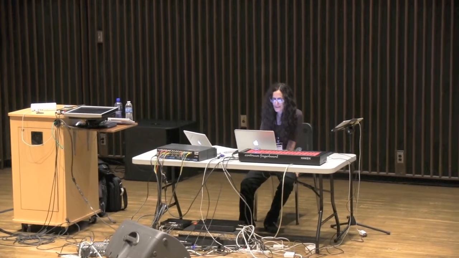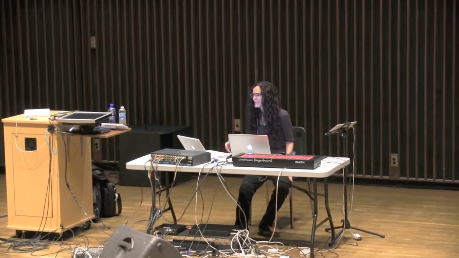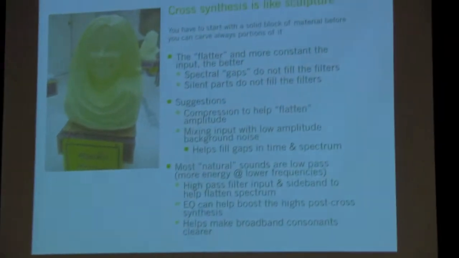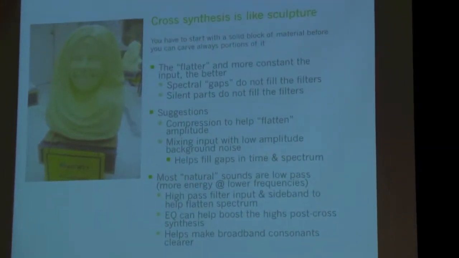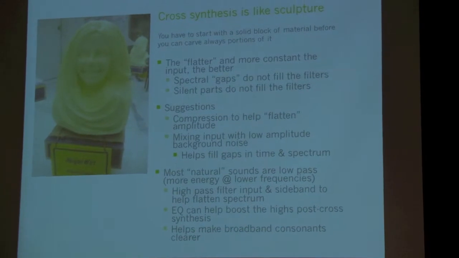And so just to give some rule of thumb or advice about cross synthesis, it can help to use a compressor to make the amplitude levels more constant, so you have less variation in the amplitudes.